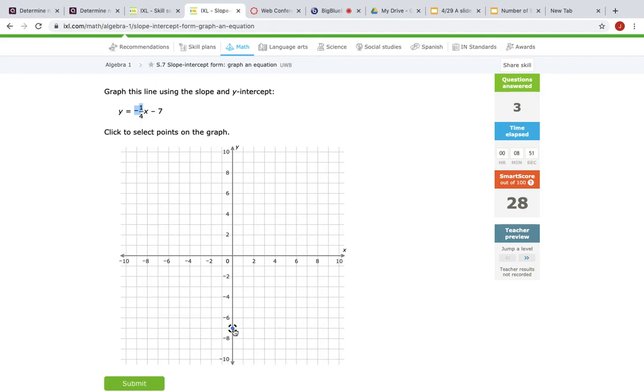I could also go down 1, my y decreases and my x increases. Both of those make the same line. When I have a negative slope, I can go up and backwards, or I can go down and forwards. It doesn't matter which I pick. They're going to make the same line.